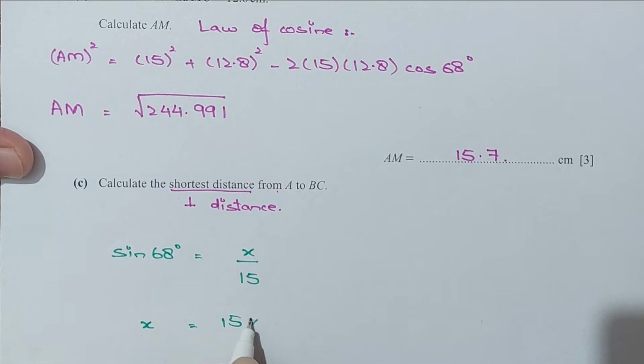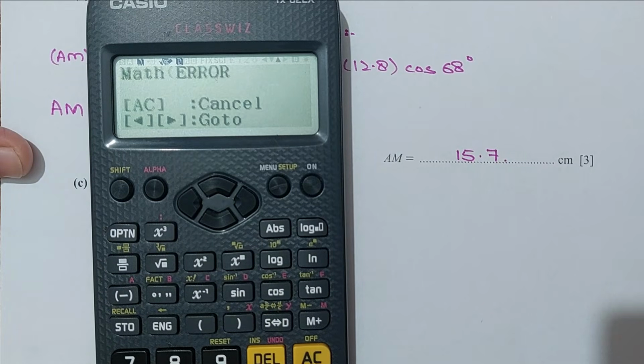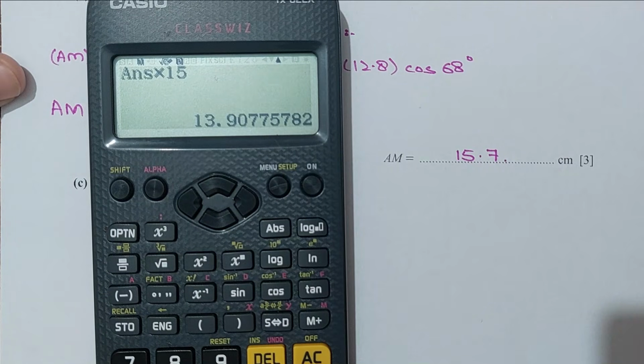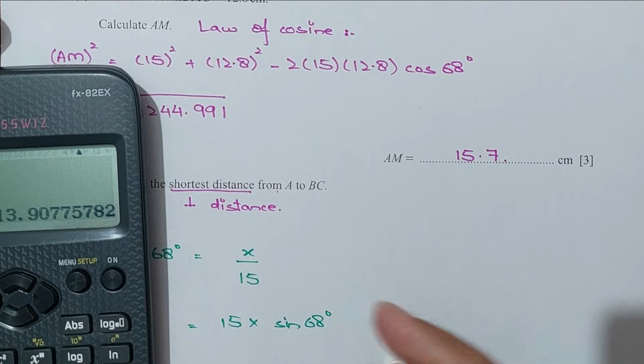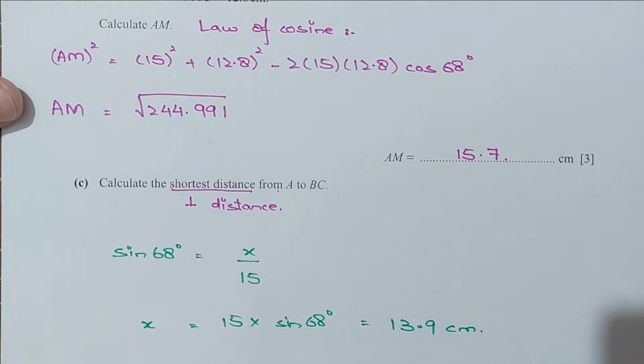X is 15 into sine 68 degrees. Sine 68 multiplied by 15, 13.90. This would be 13.9 centimeter is the shortest distance.